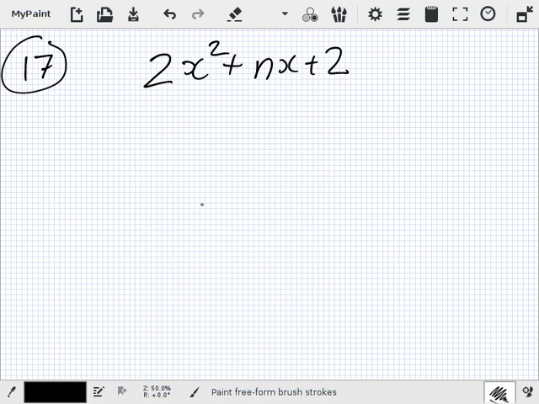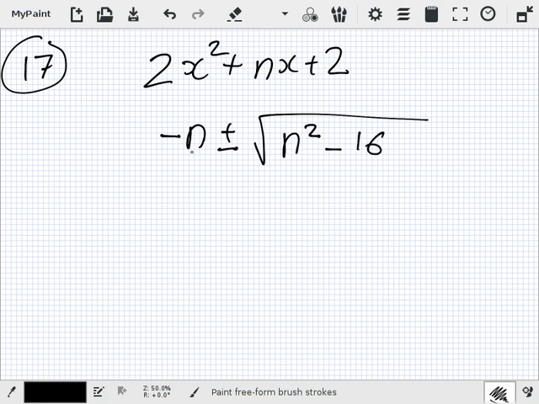So, I said find the value of n that makes this equation have rational roots. So, what is the roots here? It's minus b plus or minus the square root of b squared minus 4ac all over 2a. Now, listen.